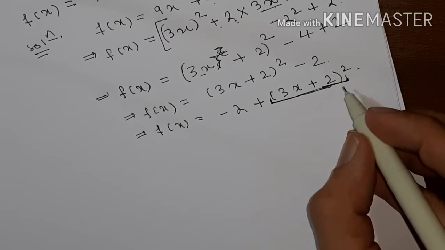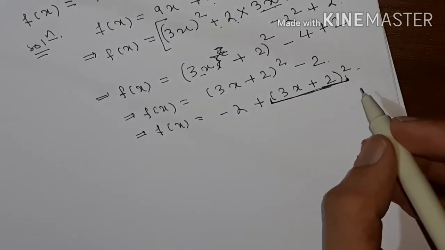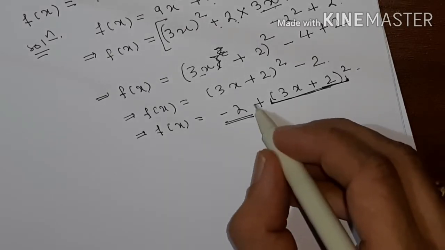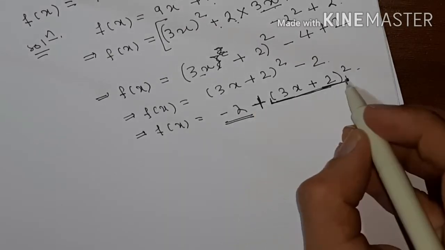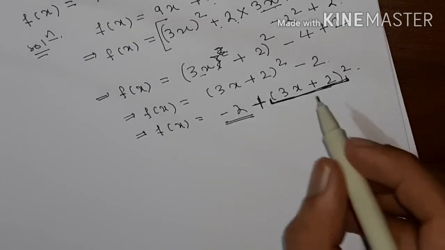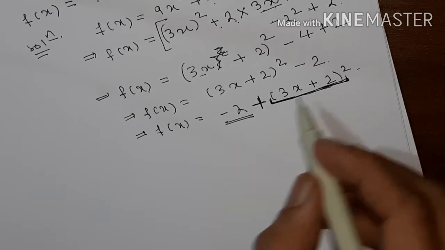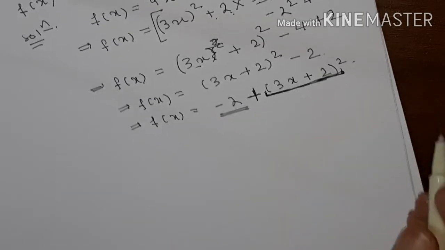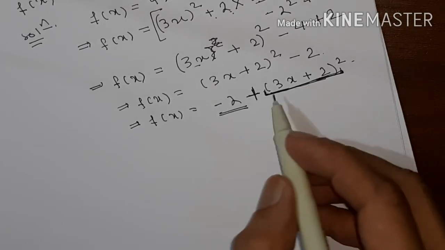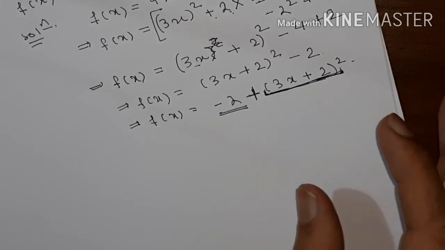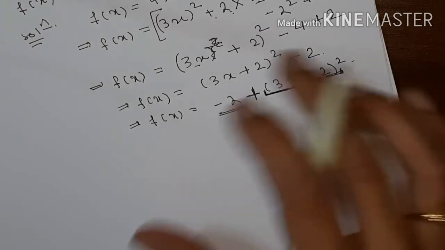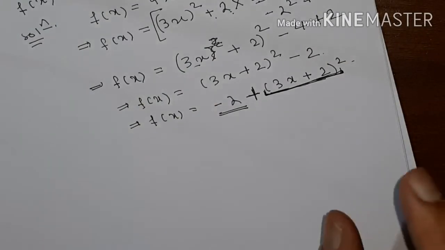So if you increase this quantity, what happens? f(x) increases, because we have written minus 2 plus some positive quantity. If you keep on adding a greater and greater positive quantity here, then this function will keep on increasing. So this function doesn't have a maximum value, because if this increases, the function keeps on increasing.